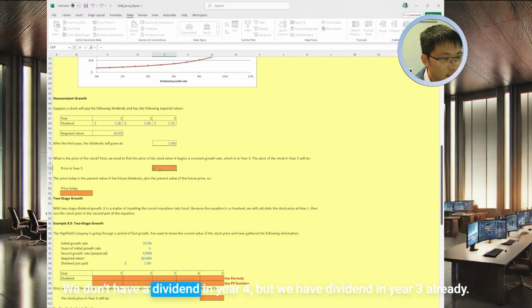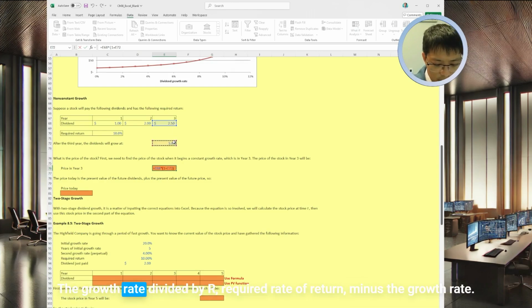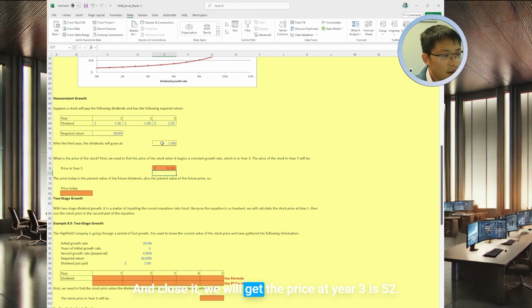We don't have a dividend in year 4, but we have the dividend in year 3 already. So this dividend in year 3, times 1 plus the growth rate, divided by R, the required return, minus the growth rate.